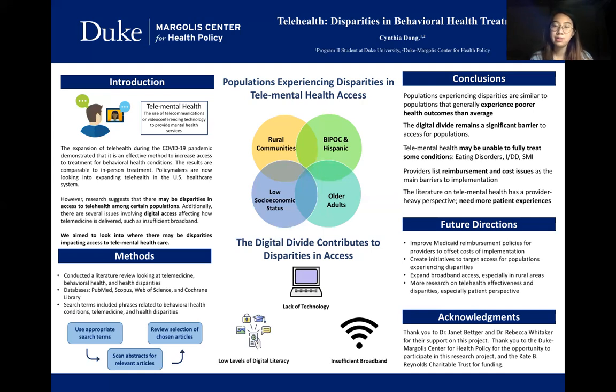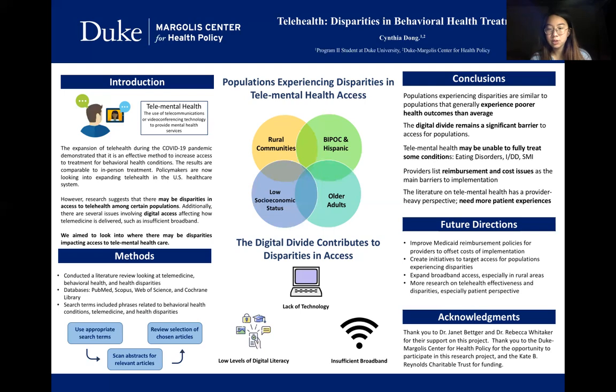However, there are a couple of things that need to be pointed out, including that eating disorders have a physical component of weigh-ins, and many providers expressed that they were concerned about the level of connection with their patients who have intellectual and developmental disabilities and severe mental illness. Providers list reimbursement and cost issues as the main barriers to implementation for these programs as well. Often it causes them to lose profit and they can't really even break even, which makes it unfeasible to implement telemental health. And the literature on telemental health has a provider-heavy perspective, and we need more patient experiences in the literature.